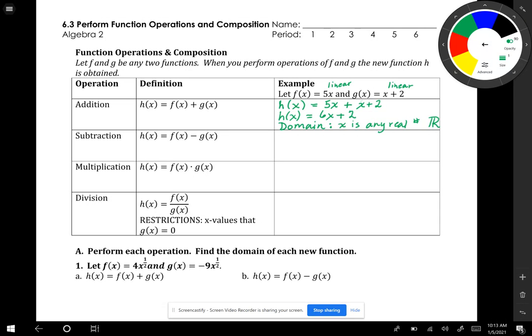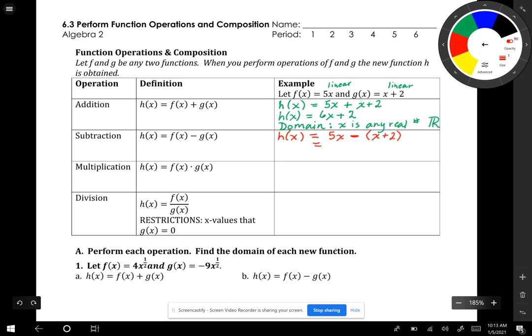To subtract two functions, it tells you what order you need to subtract. So it's f of x minus g of x. So h of x is equal to f of x. F of x is 5x minus g of x. And since g of x is more than one term, put it in parentheses. When you're adding, it doesn't matter, but when you're subtracting, you do have to distribute that negative sign.